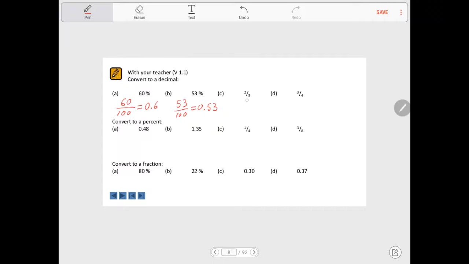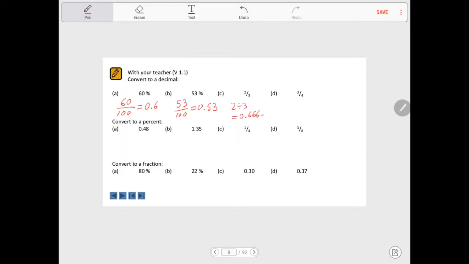Now, converting fractions to decimals is also pretty simple, given the use of the calculator. If we were going to do this by hand the old-fashioned way, it'd be a bit more of a task, but we have access to the calculator. So you can do 2 divided by 3 on your calculator, and because of my mathematical experience, I can remember this one off by heart.